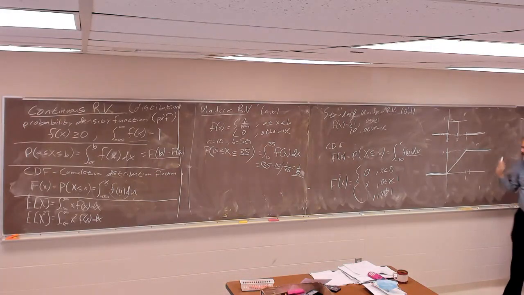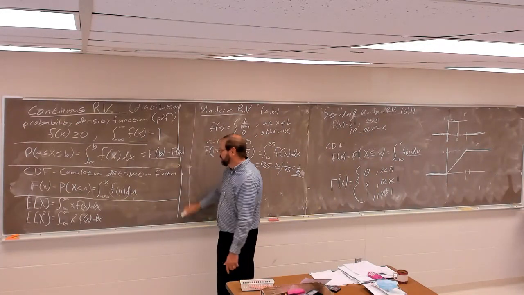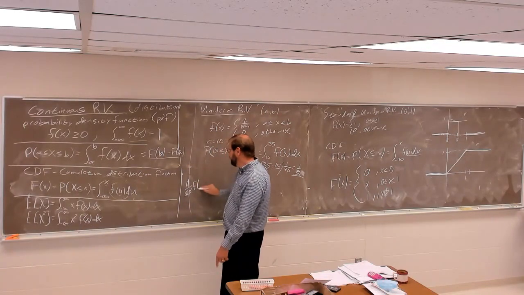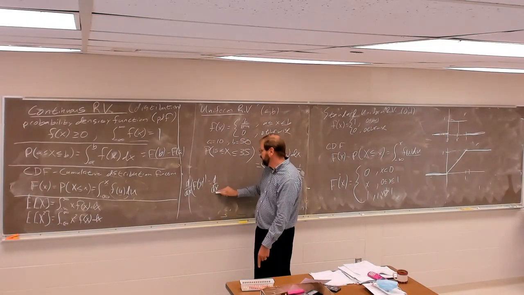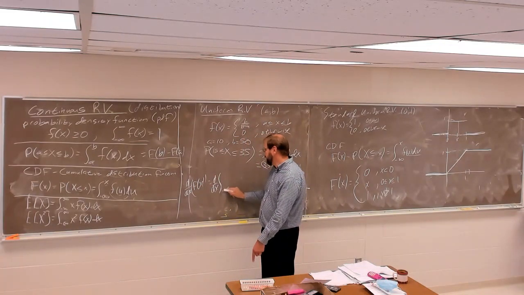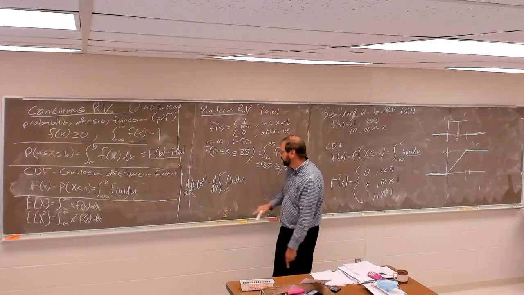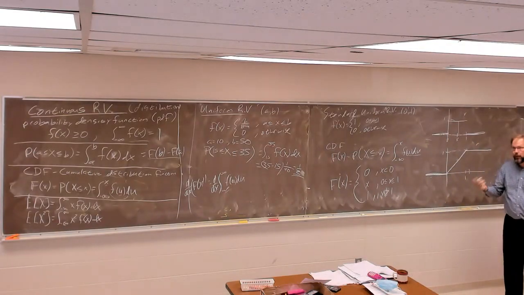Okay. Which actually tells us something, and I write that in. The derivative of the cumulative distribution function will be the derivative of the integral from negative infinity to x of f of u du. And this is just the fundamental theorem of calculus from Calc 1, Calc 2.